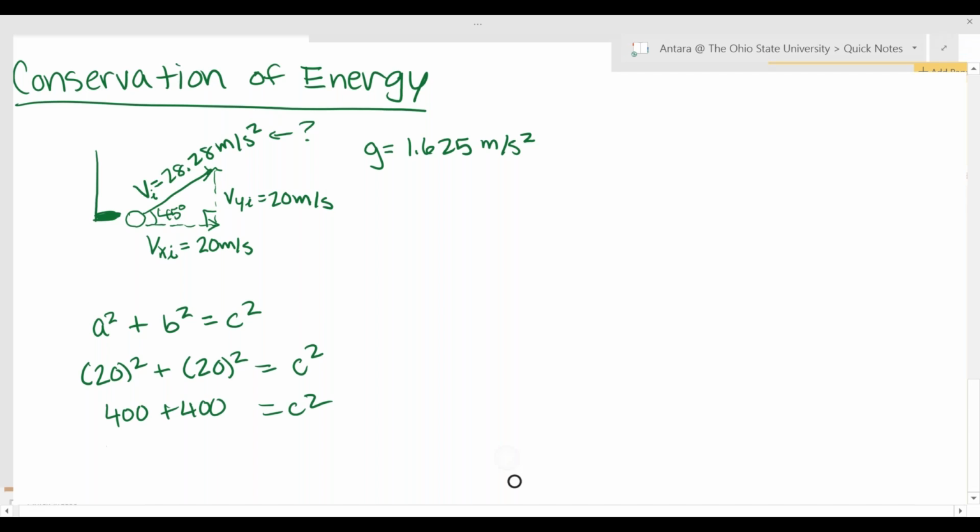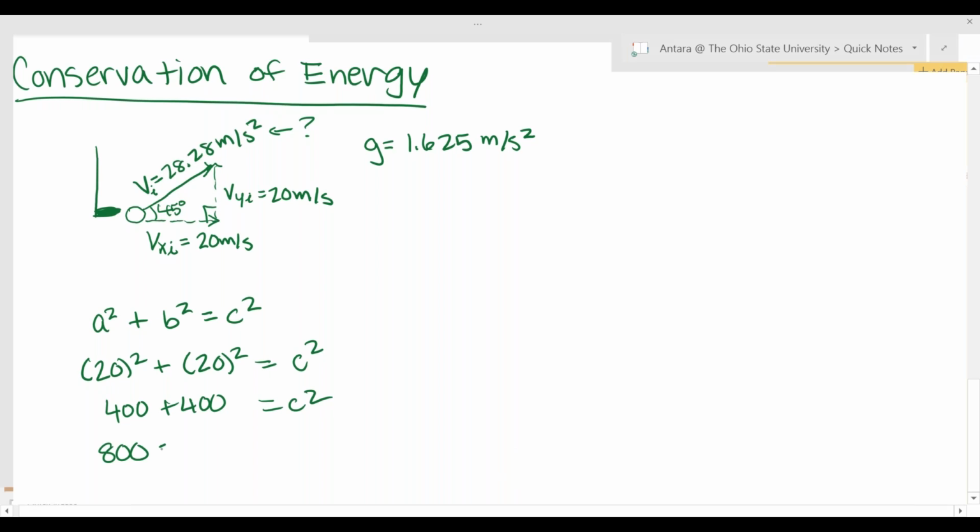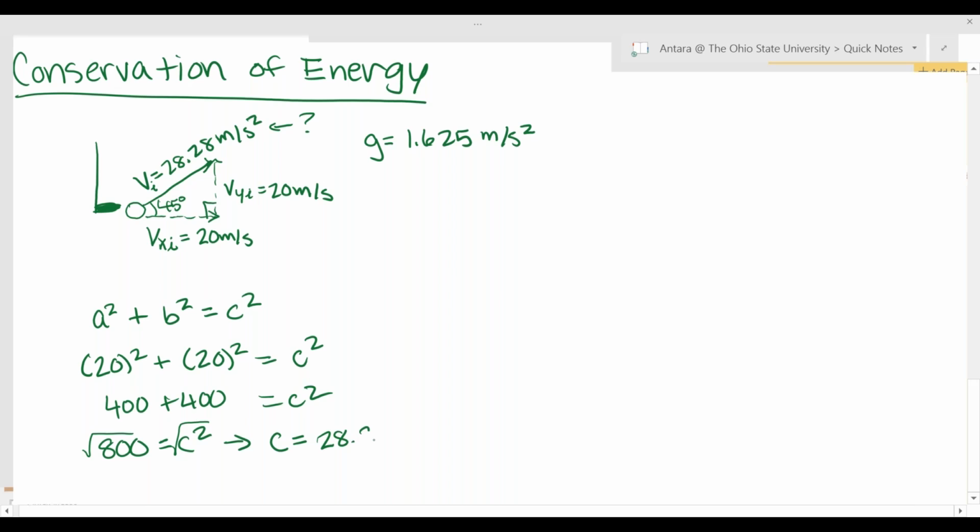Then 800 equals c squared. Then c equals, taking the square root on both sides, 28.28 meters per second. So this is exactly what was given to us as the initial total velocity. So you can use the Pythagorean theorem.